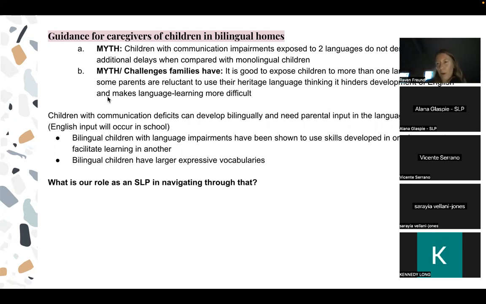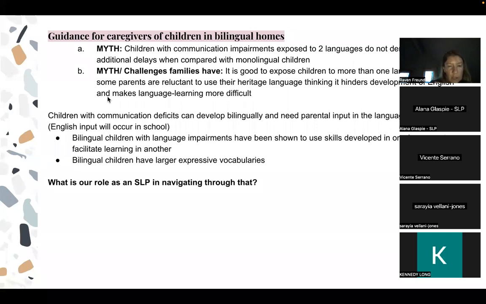Their L1 is the language that you are speaking with your family when you're young, your first language. Then your L2, having exposure to both of those languages is not going to do anything other than facilitate and support language in every way, because language is in the same spot in the brain no matter what language you're speaking. So for this question, know what you would say, your reasoning why, and what kind of guidance you would give.